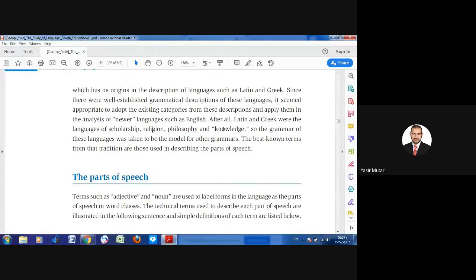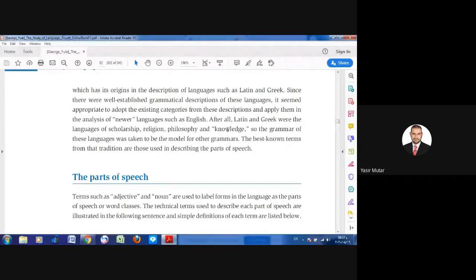So yes, even Arabic. Some Arab scholars have taken from Latin and Greek. They have taken something related to wisdom from Latin and Greek. It was the language of scholarship, religion, philosophy, and knowledge.